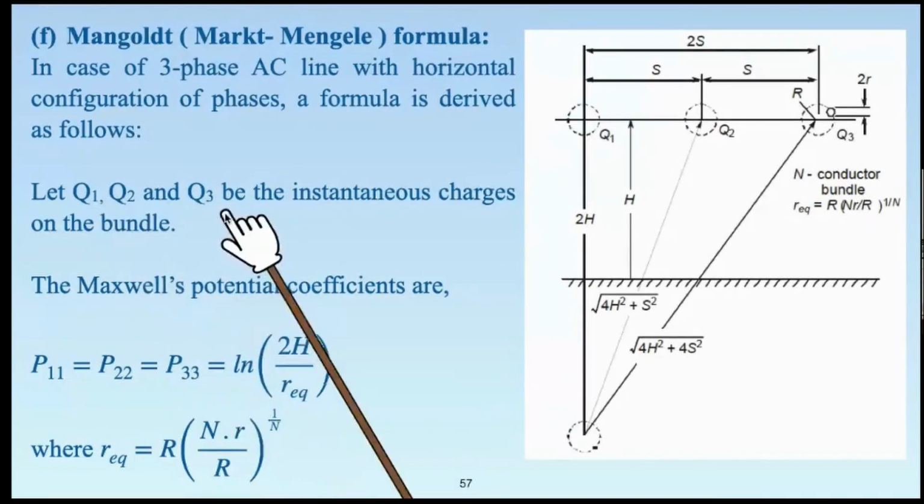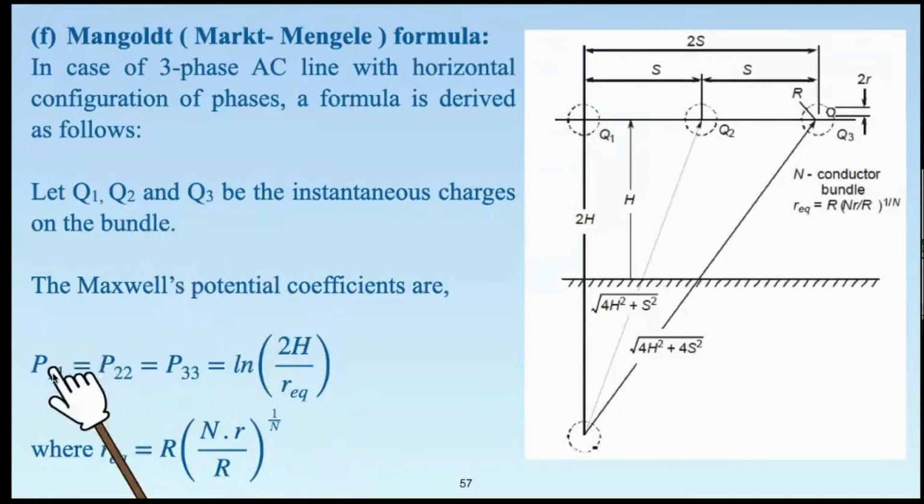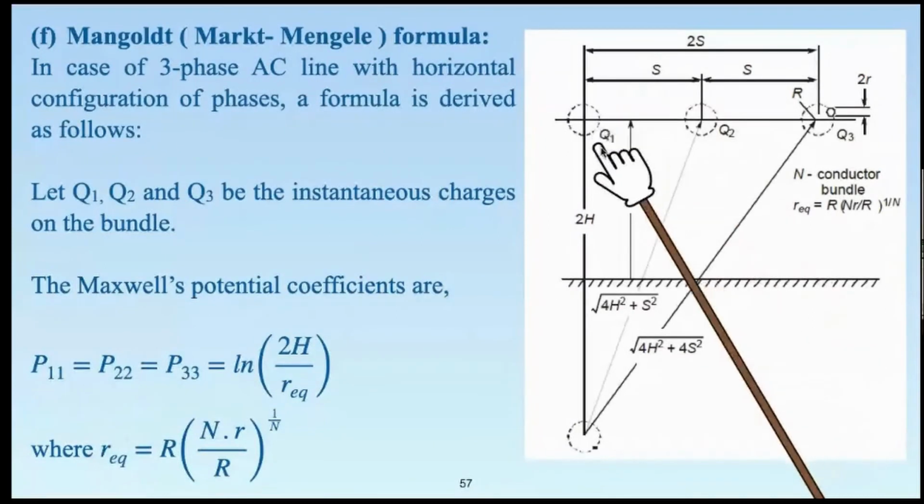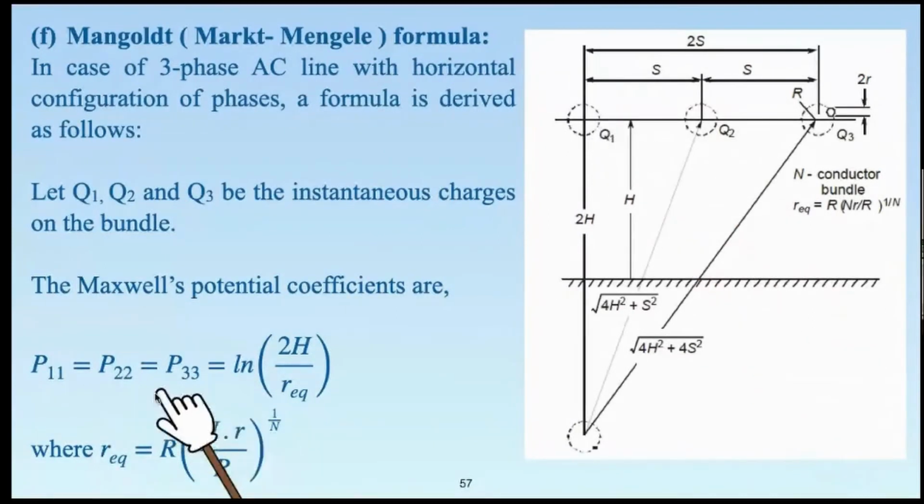And within this 3 by 3 matrix, there will be 3 diagonal elements due to the charge on the conductors themselves. Let us say this charge Q1 will have the component P11. This Maxwell's potential coefficient depends upon the dimension.